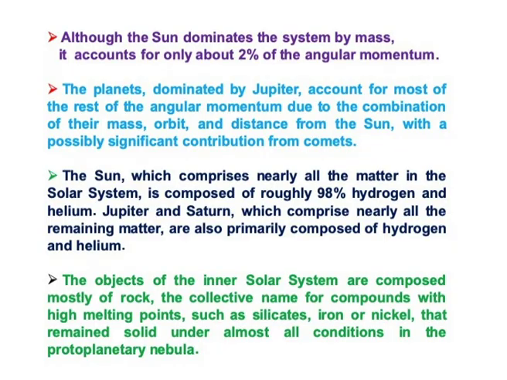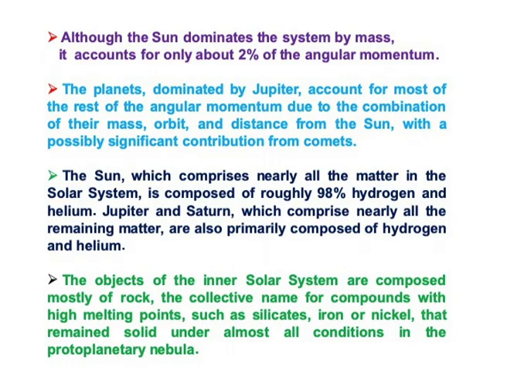The sun comprises nearly all the matter in the solar system. It is composed of roughly 98% hydrogen and helium. Exactly, almost 98% of the sun is hydrogen and helium.